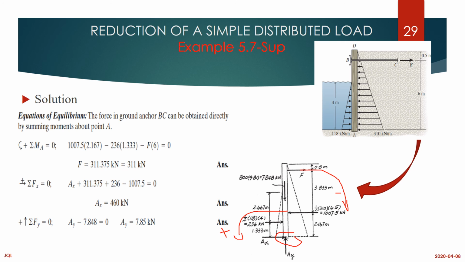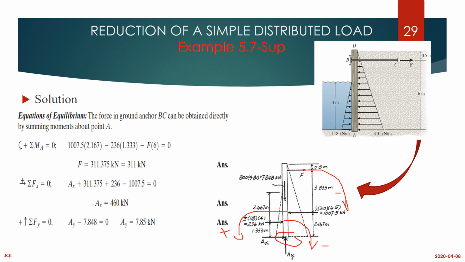When you look at the 236, there's a triangle there, half the 18 times 4, behaving in the same manner, clockwise, which also is going to be negative. This is what you're going to get there, and an equilibrium is only supposed to give you 0. You get your 318.